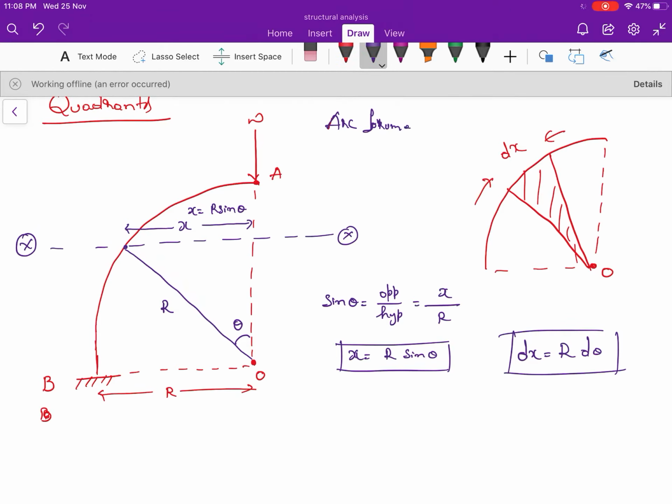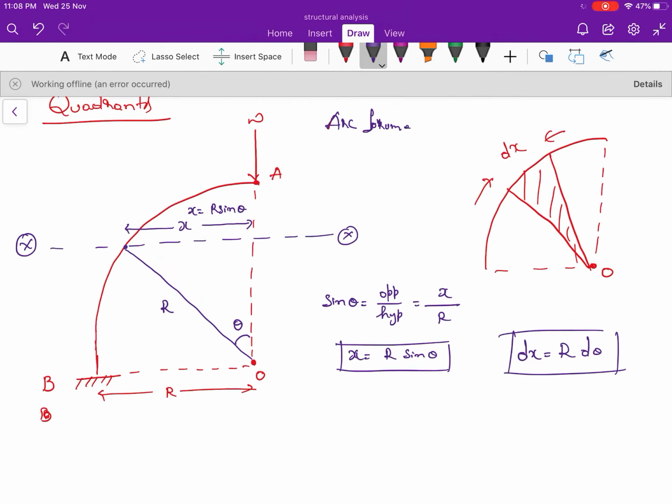Now what is the value of Mx? Mx will be equal to W into x. Whether it is plus or minus, we don't know. For that, I told you that you need to stand inside the structure and look into the structure. If the quadrant is going to bend like this, it forms the hogging moment, so I am taking it as a minus sign.